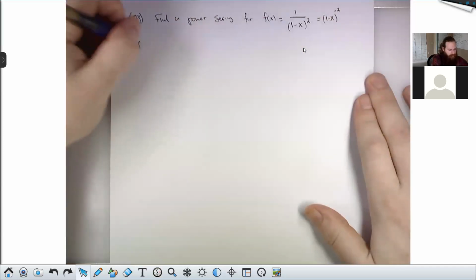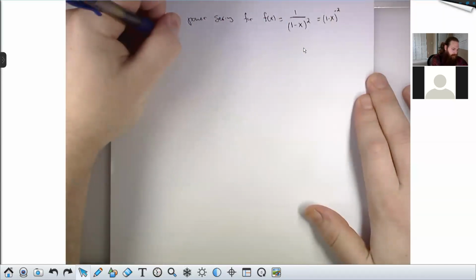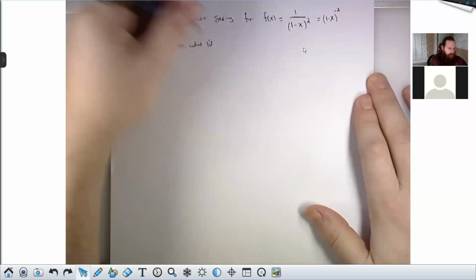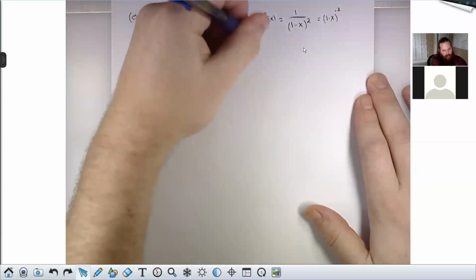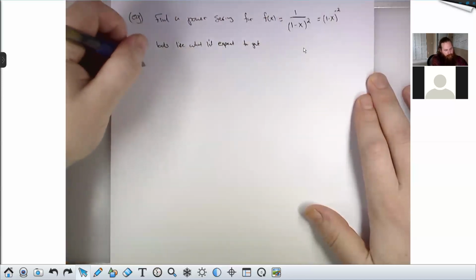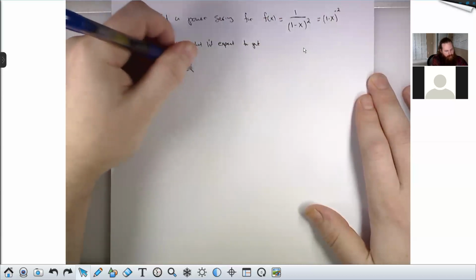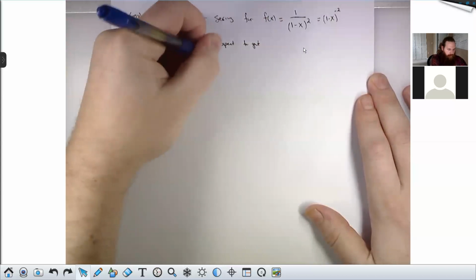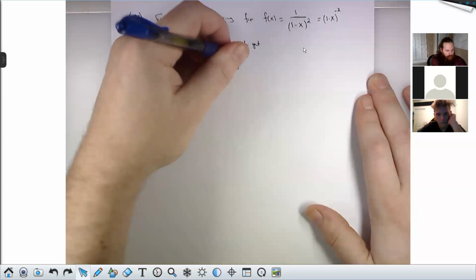So I say f of x looks like what I'd expect to get from priming something like 1 over 1 minus x, because that's the derivative of (1 minus x) to the negative first.